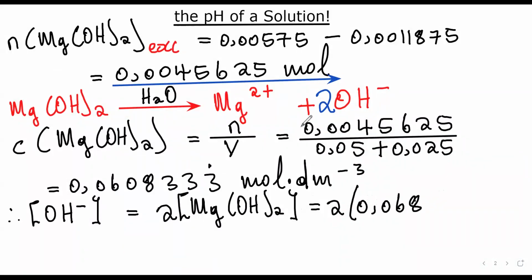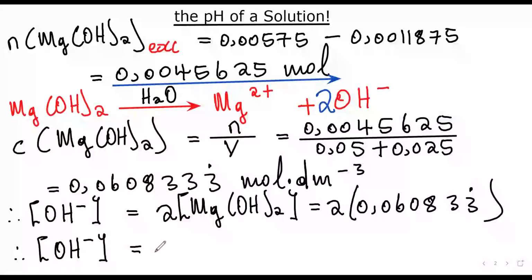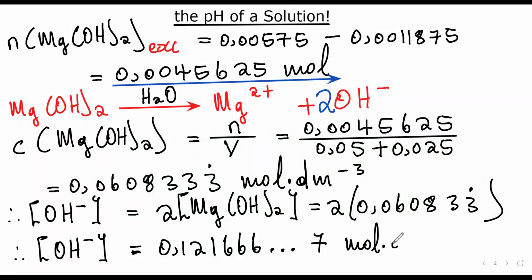Oh, it's 0.0608, 3, and so many threes there, such that when you times this by 2, you find that the concentration of the hydroxide ions will simply be 0.1216666. Well, it's so many sixes, but the last one is 7. And of course, it's mole per cubic decimeter.